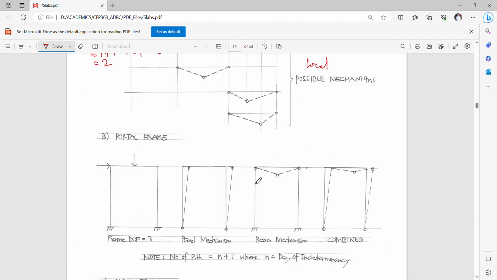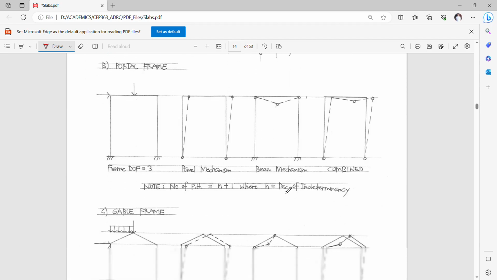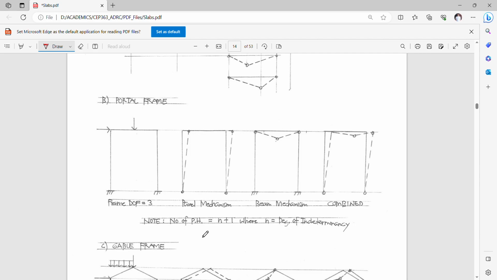For a portal frame, the same is true. The number of plastic hinges is equivalent to the degree of indeterminacy n plus 1. So if I have here a degree of indeterminacy of 3, I just add 3 plus 1.